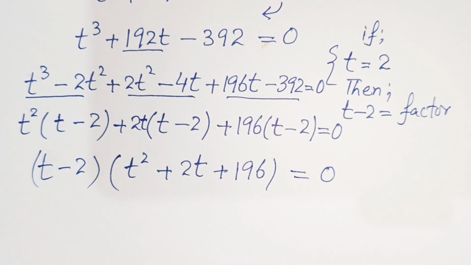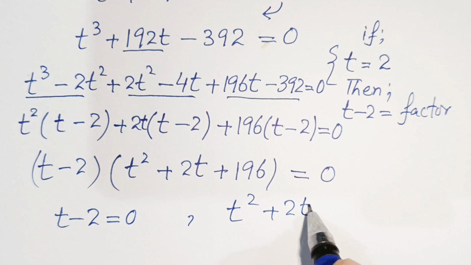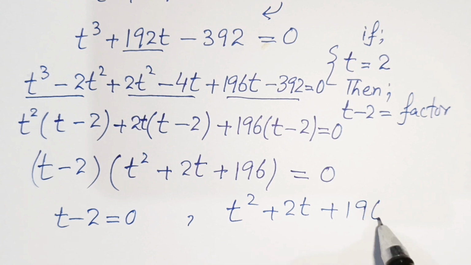Now we have two possible cases here, that t minus 2 is equal to 0, or t squared plus 2 times t plus 196 is equal to 0.